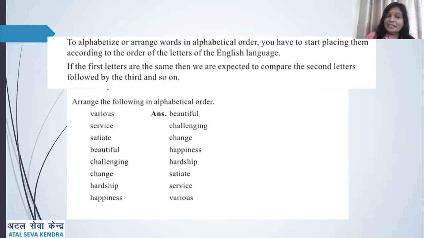If the first letters are the same, then we are expected to compare the second letters, followed by the third, and so on. So whenever you're practicing, take a big list and try to arrange it in alphabetical order, to master these kinds of activities and do them quickly. Practice, as I keep repeating, is very, very important.